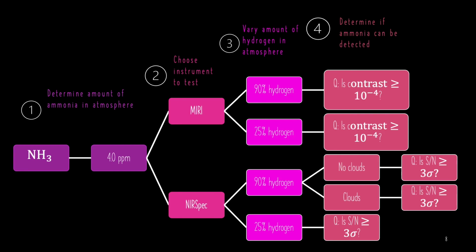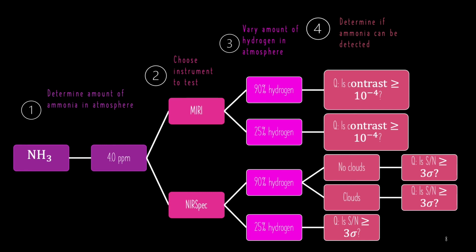We select the instrument, and then we vary the amount of hydrogen in the atmosphere. We either choose a 90% hydrogen dominated atmosphere or a 25% hydrogen based atmosphere, which changes the mean molecular weight of the atmosphere respectively.